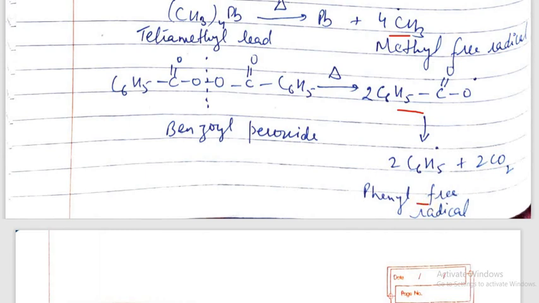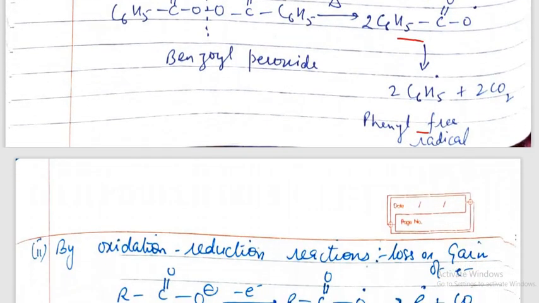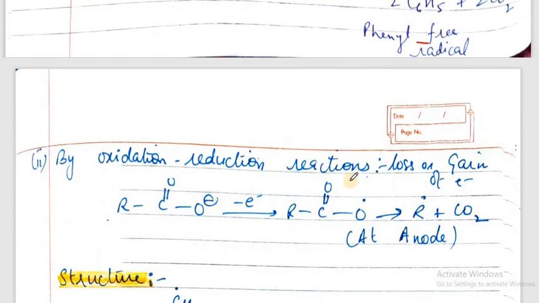Similarly, we can also get free radicals by oxidation reduction reactions, that is by loss or gain of electrons. In this, the carboxylate ion, if 1 electron is removed, only a single electron will be present on the oxygen, that is an O free radical.